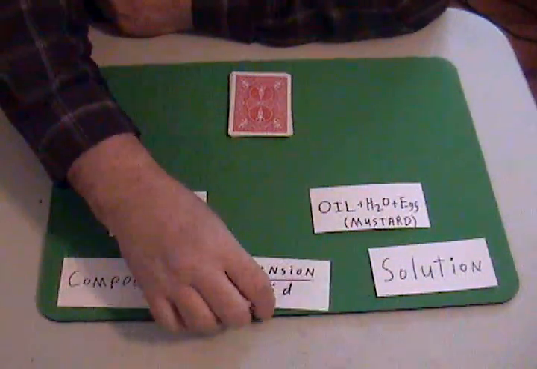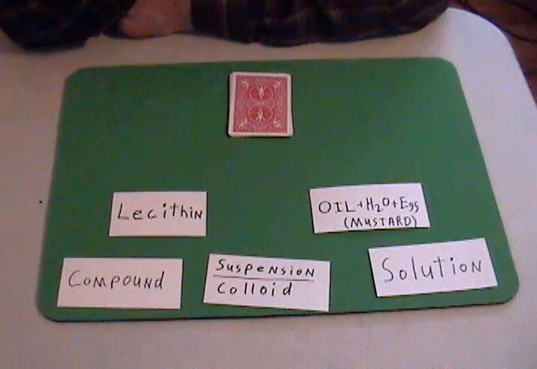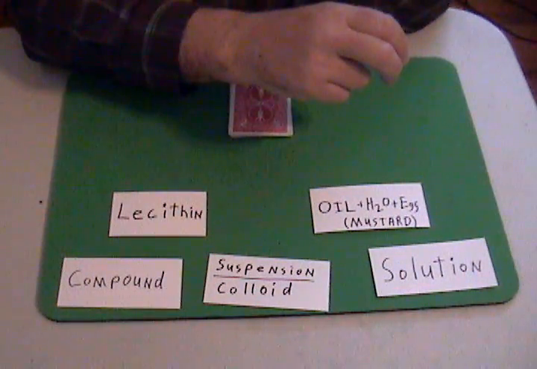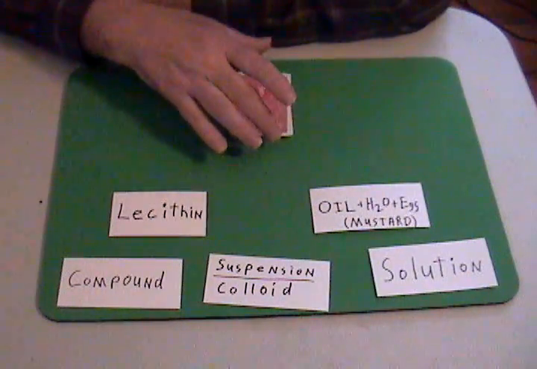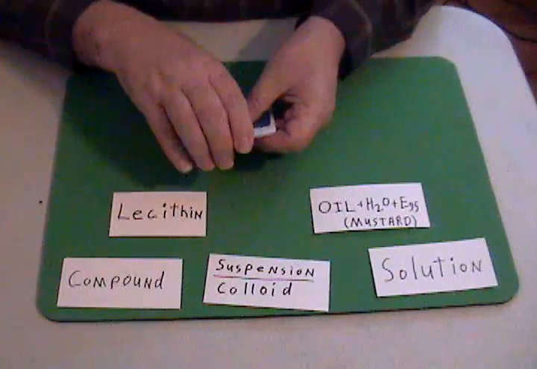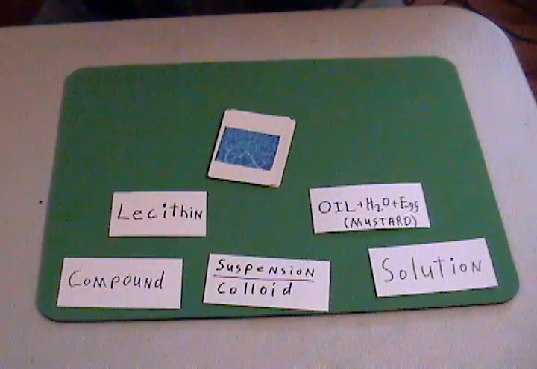They are forming something called a suspension or a colloid. It still is a solution. It still is a physical mixture. In theory, you could separate them. So, you know, it just so happens that I have some mustard right here in my pocket.